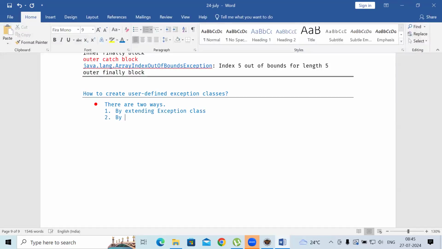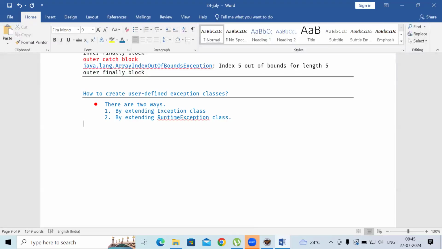Second way, by extending the RuntimeException class. Guys, how many ways are there? Two ways. What are the two ways? By extending the Exception class, and the second way is by extending the RuntimeException class. Two ways are there.